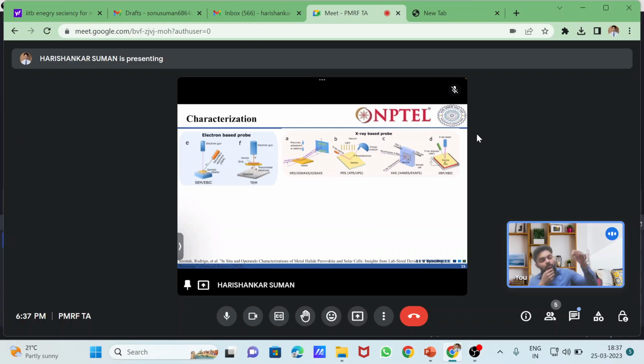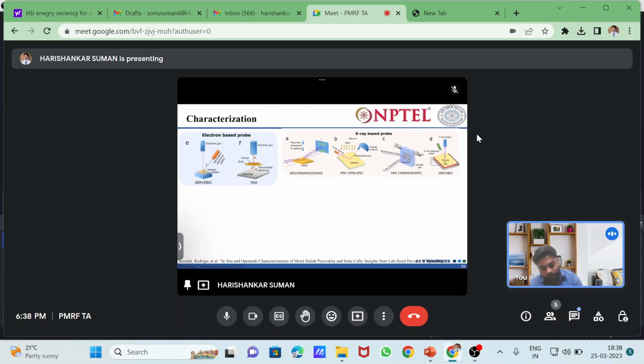What is a probe? It means X-ray is incident on the film, then the output is collected. X-rays reflect or scatter, then a detector collects the output and tells us what is happening there, what is the nature of the perovskite.